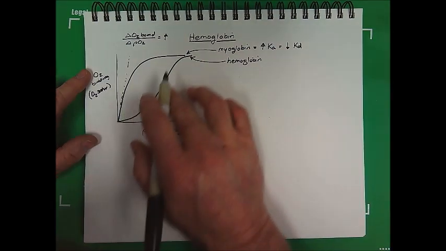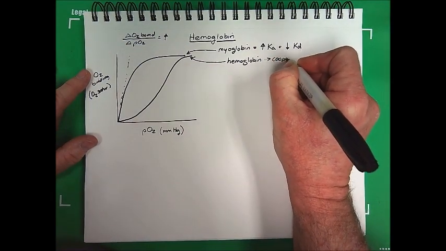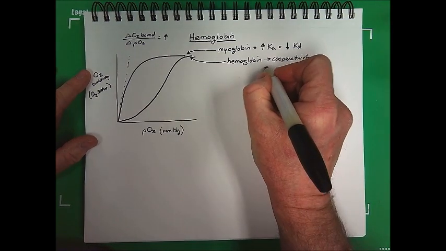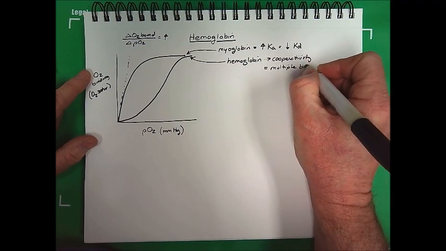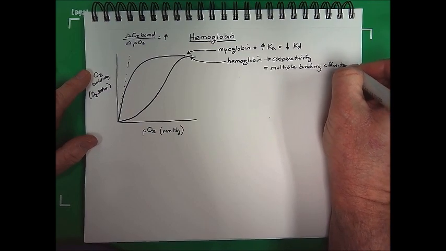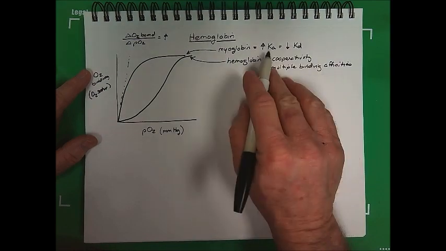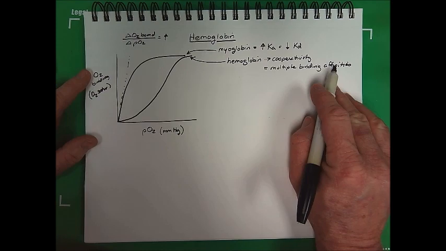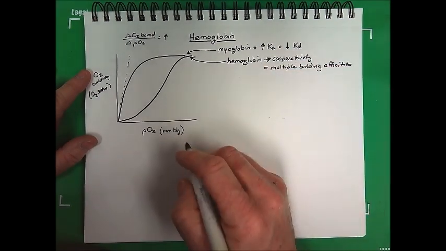What the sigmoidal curve indicates is cooperativity. This also equals multiple binding affinities. So whereas myoglobin has one affinity for oxygen, hemoglobin has multiple binding affinities. It is bound in a manner that is called cooperative.